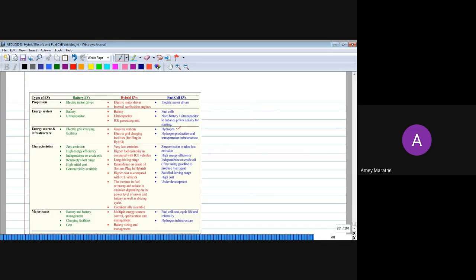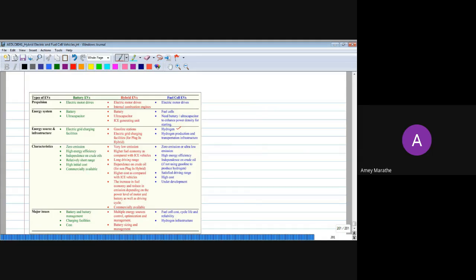So what are the characteristics? The battery electric vehicle is a zero emission vehicle. It has high energy efficiency. You can get independence from crude oil, that is, from fossil fuels. They can be used for shorter range. They have a high initial cost.